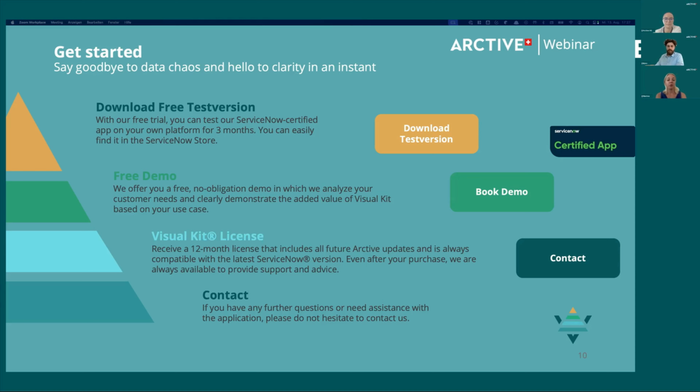And if you decide to proceed with the VisualKit license, then we're happy to help you. Everything works easily in the ServiceNow store. You get a 12-month license, and the renewal is also ensured in the ServiceNow App Store, so that everything is very easy and lean and understandable for you.